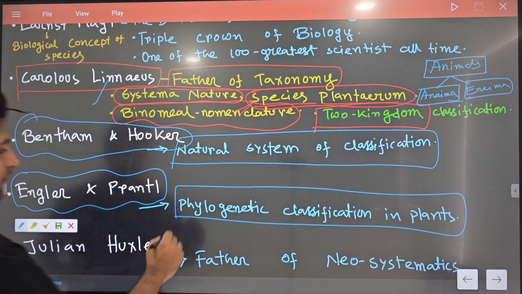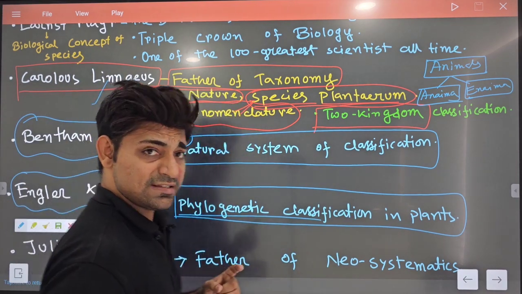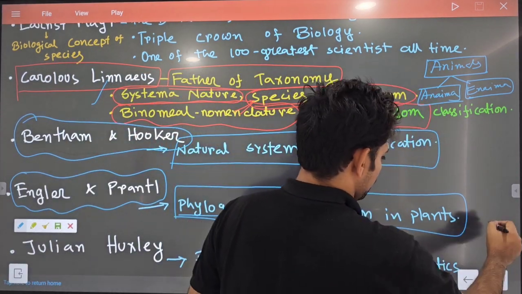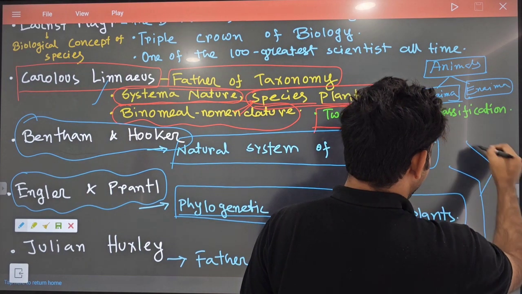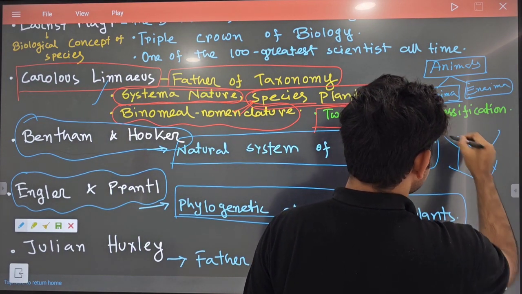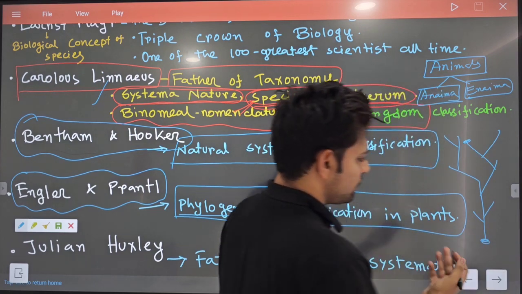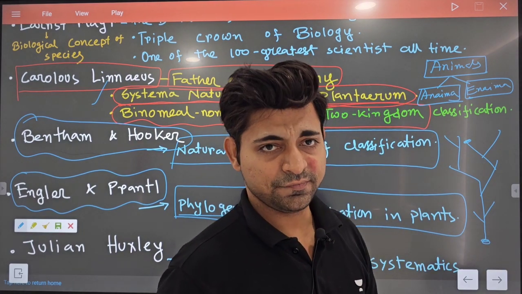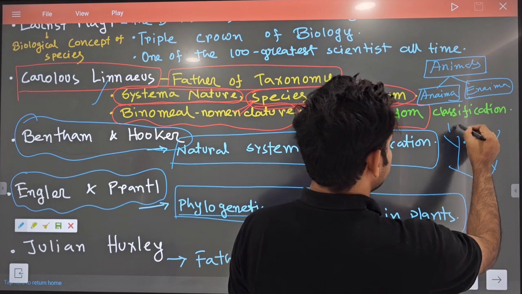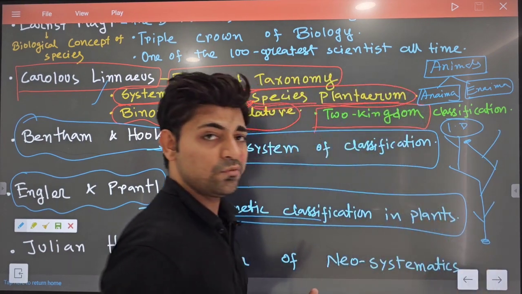Okay, but phylogenetic means a tree, a roadmap which tells us who arrived earlier, who arrived later on, and who the ancestors are. There are 1.8 million different known plants and animals.